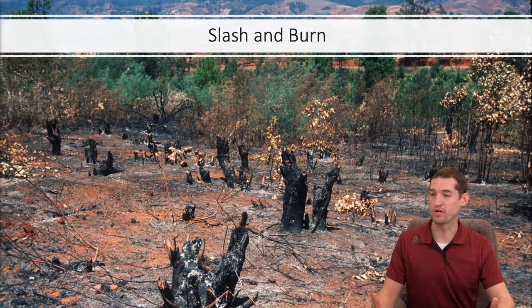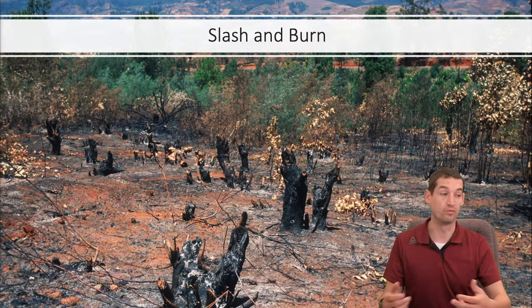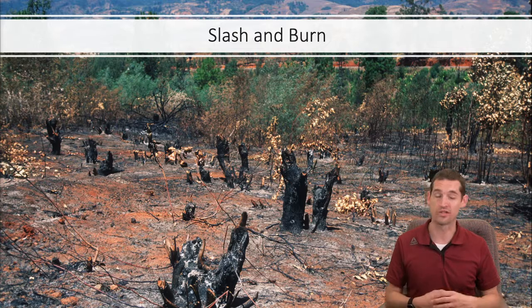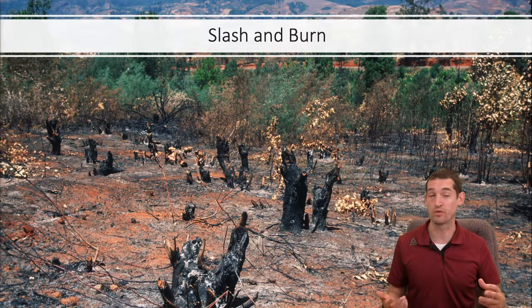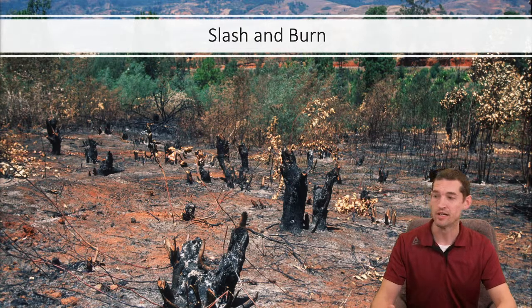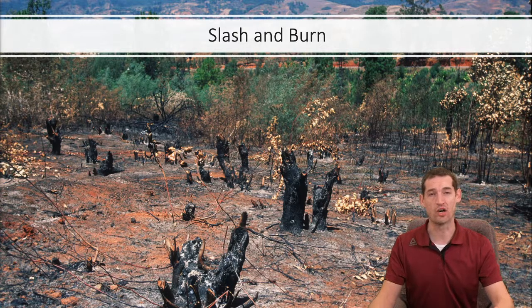So places where people need to develop farmland to grow their crops, whether that's to sell to make money or whether that's food to provide for their family. In tropical countries, in many places the soil is not very good, and that seems odd because you're used to seeing tropical lush forests and things like that.